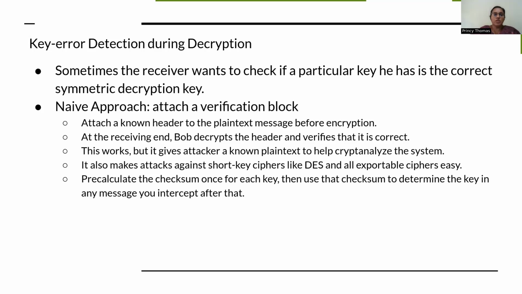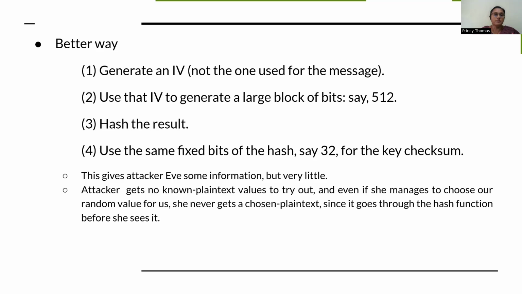All combinations of the key can be pre-calculated as checksums, and then when the verification block is received, they just need to compare with the checksum to determine which key the verification block was encrypted with.